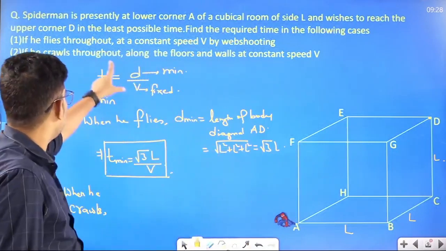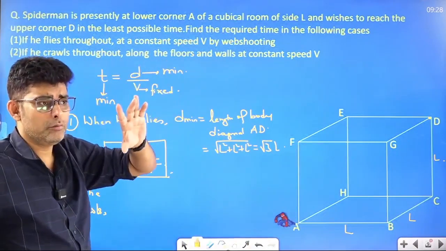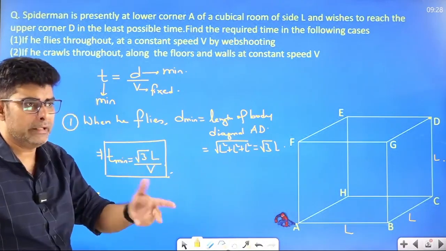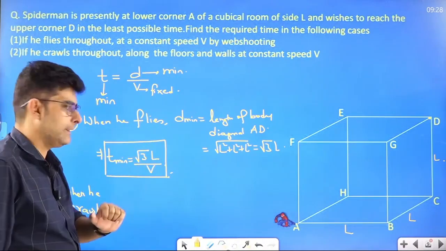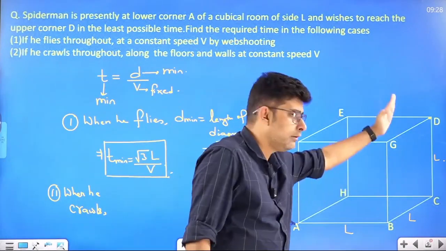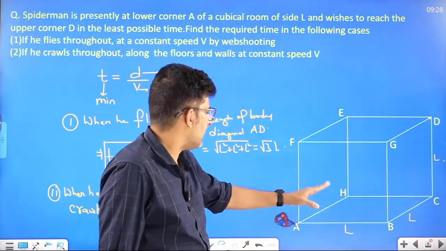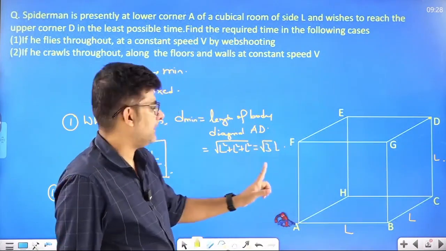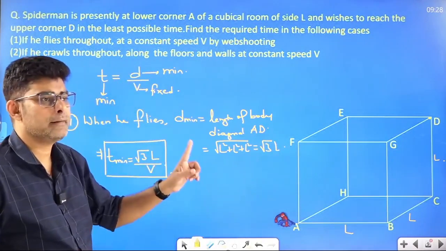So his speed is constant. So can you tell me whether the statement I am telling is correct or not? Listen carefully. When he is crawling with the same speed on floor and wall, can I say that the floor and the wall are the same for him?